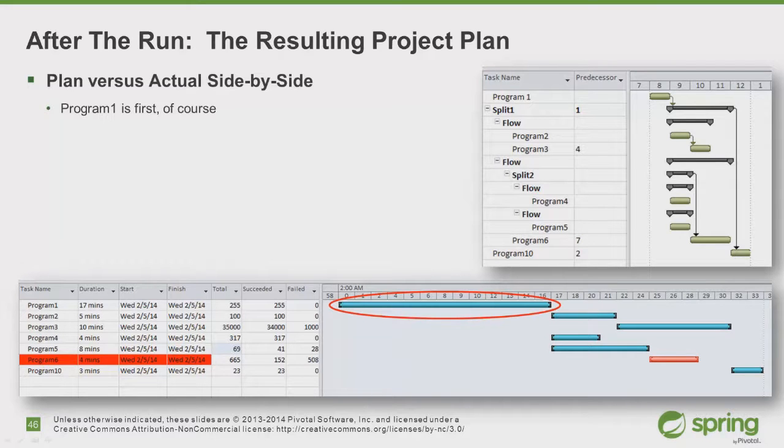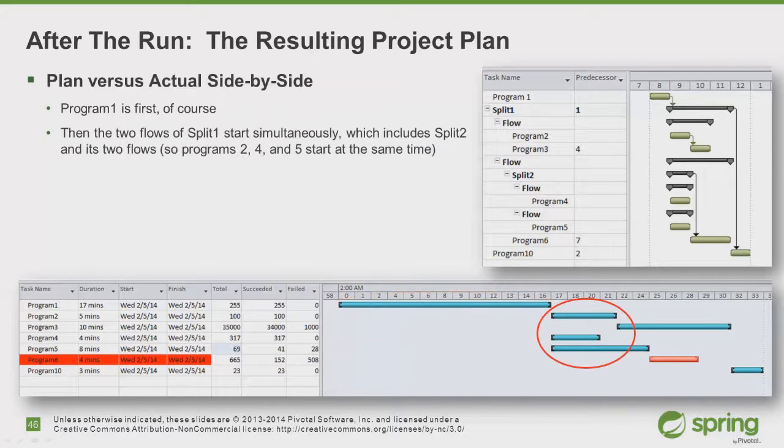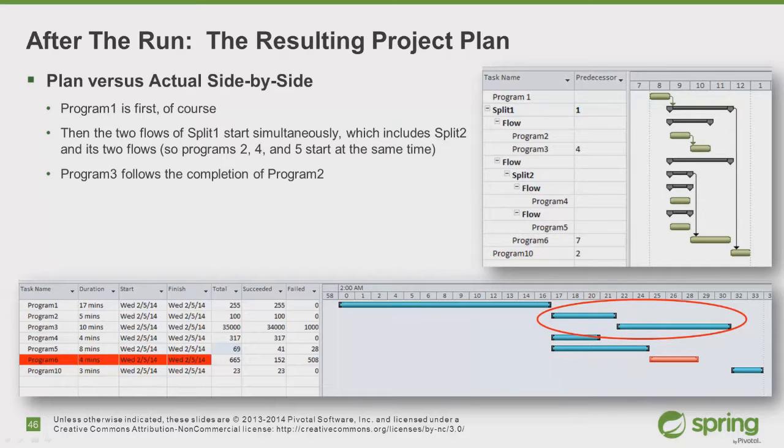Of course, again, program 1 went first, and it was followed by split 1, which contains split 2 and its 2 flows. So they all start at the same time. That means that program 2, program 4, and program 5 all execute at the same time. And then within that we see when program 2 executes, it runs program 3 because those were part of that first flow in split 1.